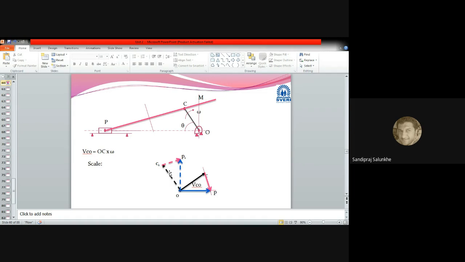OP1 indicates the velocity of P with respect to O, CP indicates the velocity of P with respect to C, and OC indicates the velocity of C with respect to O. Am I right? Are you getting me or not? I'll make it exactly the same. At least did you get how to draw it?